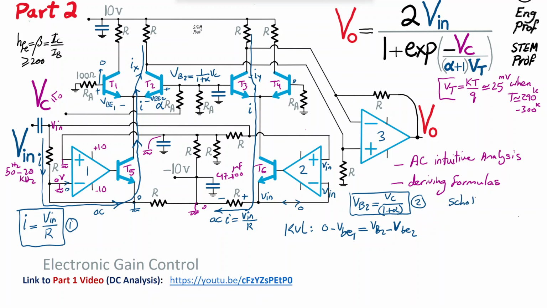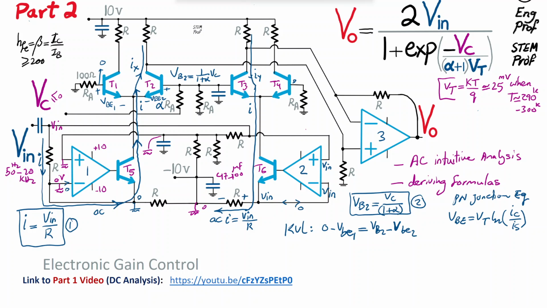The equation for the bipolar transistor says the base-emitter voltage of the transistor is equal to the thermal voltage that I just mentioned, times the natural log of the collector current divided by the saturation current, which is heavily thermally dependent, and we want to get rid of this IS because it's very sensitive to temperature.